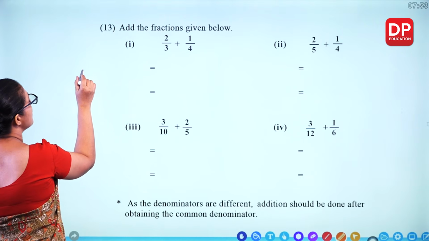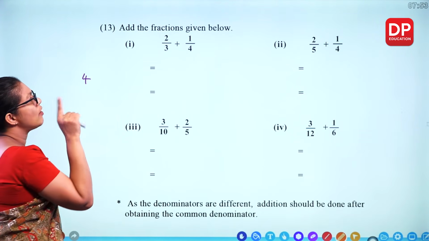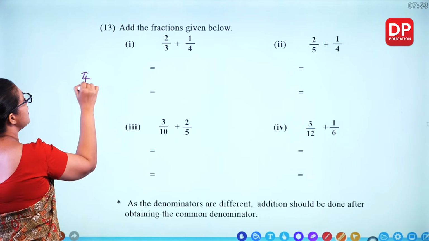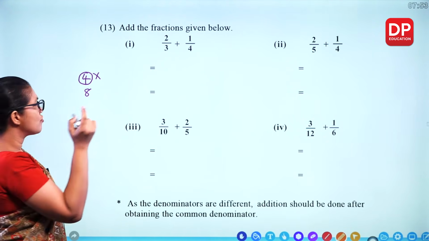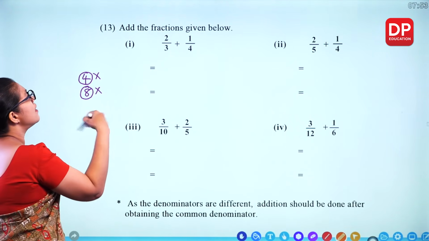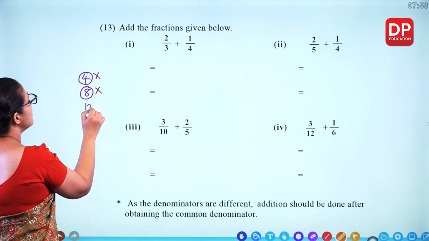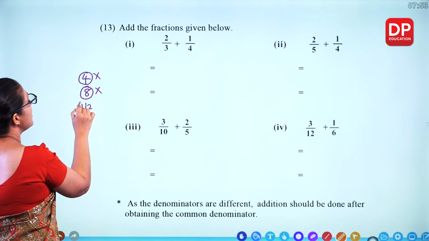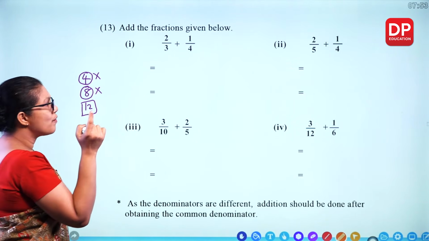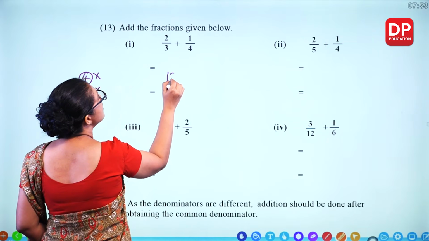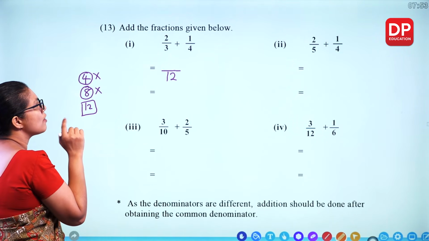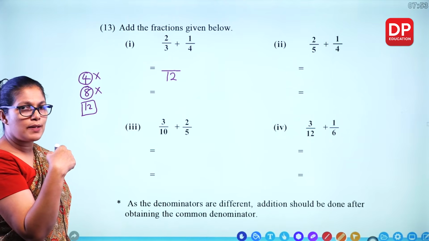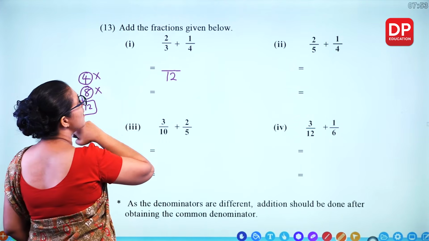Take the highest number, 4. 4 is not divisible by 3. So we ignore. Take the multiple, 8. 8 also not divisible. Next multiple is 12. 12 is divisible by 3 and 4. That means 12 is the lowest common multiple. So now you are converting to equivalent fractions with denominator 12.